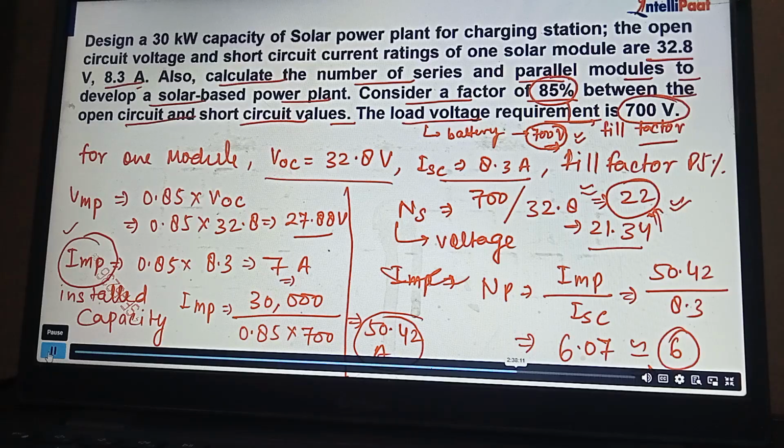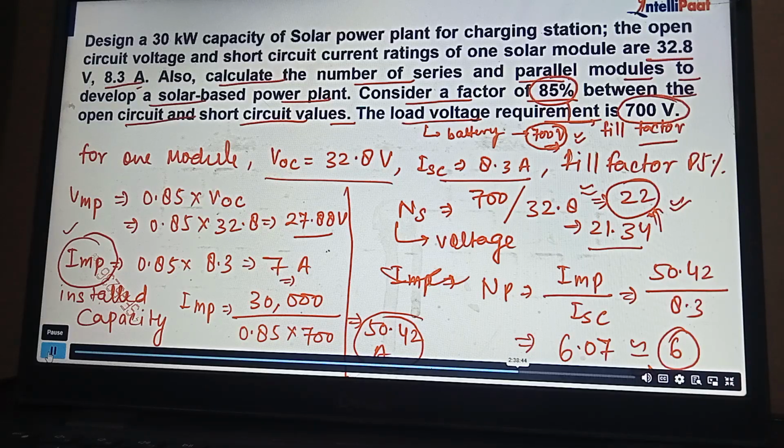The 30,000, that is 30 kilowatt, is the capacity of the plant. So you are taking the total capacity, out of which we have to deliver power, and the current defines how much current we are taking. Can you write the formula for IMP? How will it be derived?